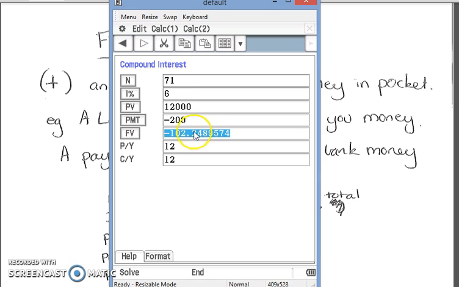So what you can do is make that our starting value. It's positive because it's still money in our pocket, so we've got to change it to a negative. We want our final value to be 0. Now, how many repayments are we making? It is 0.5 of a payment. However, even if you make a bit of a repayment, it still is a repayment, so that's classified as 1.